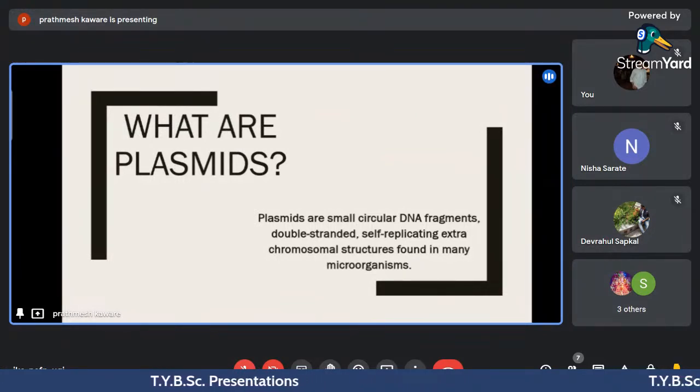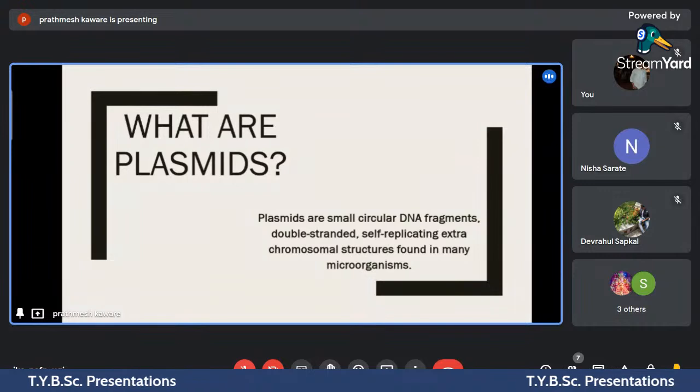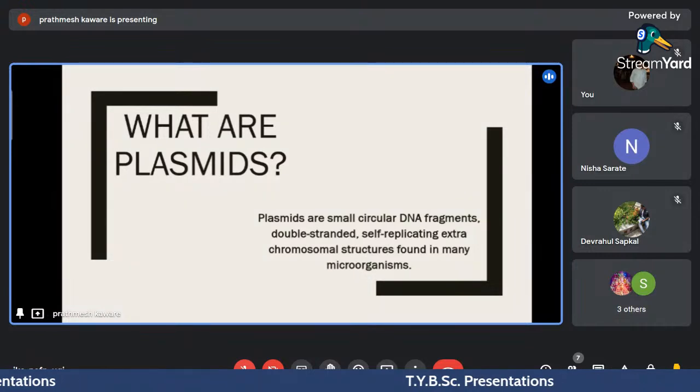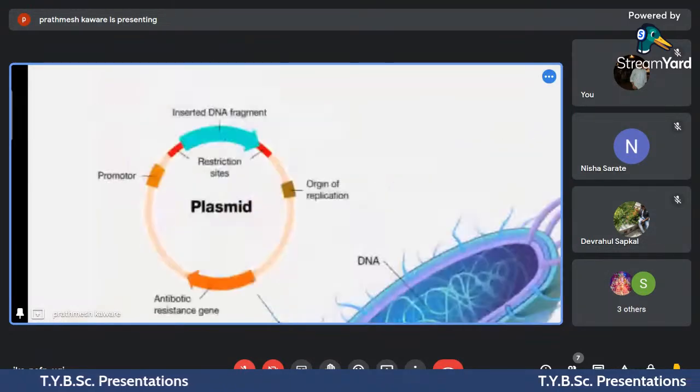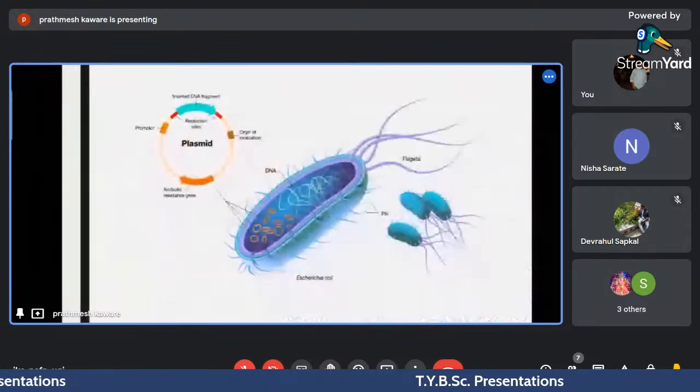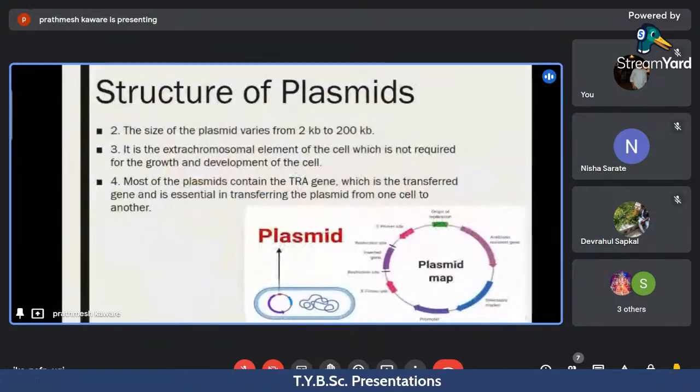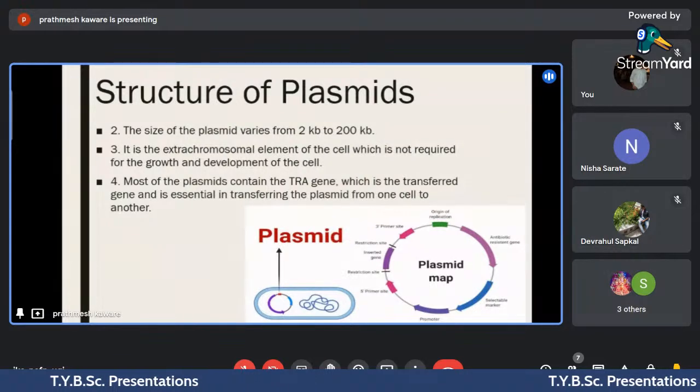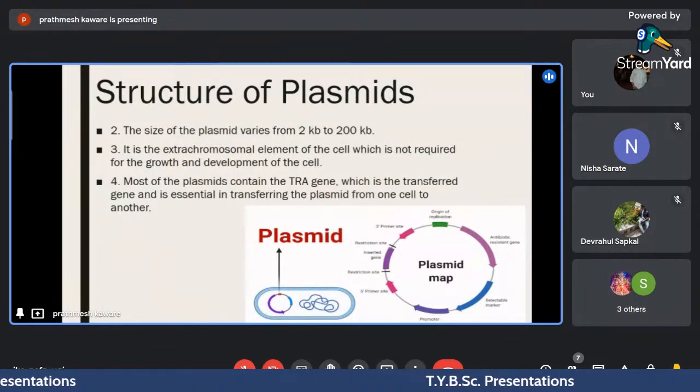Plasmids are small circular, double-stranded, self-replicating extrachromosomal DNA fragments found in many microorganisms. This is the structure of a plasmid. It includes an origin of replication, selectable marker, promoter region, primer binding site, and multiple cloning sites.